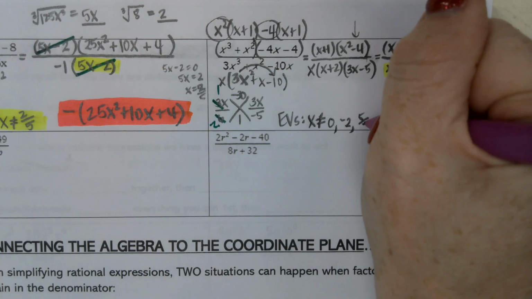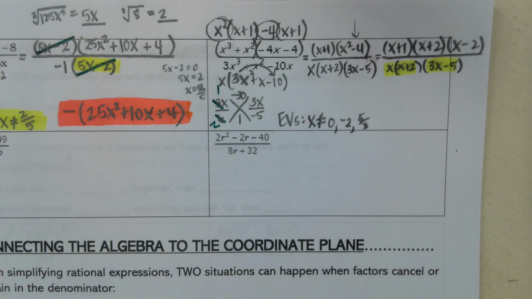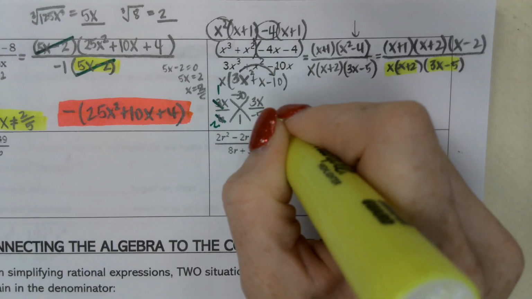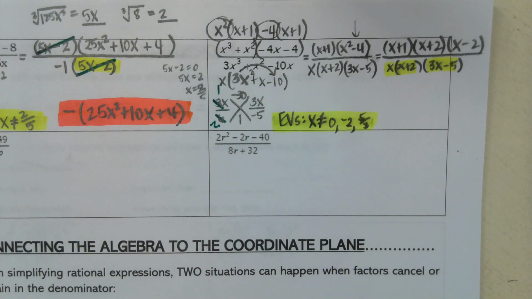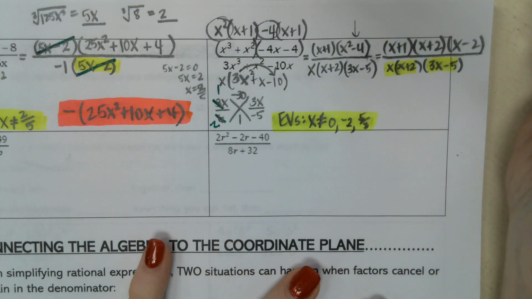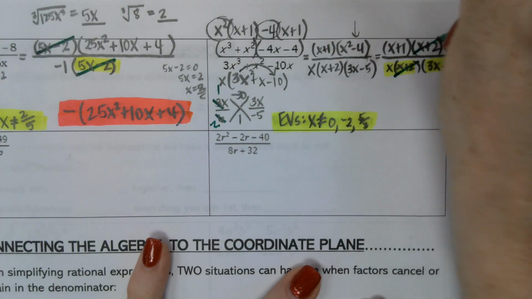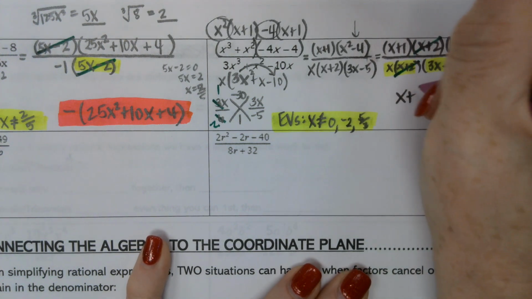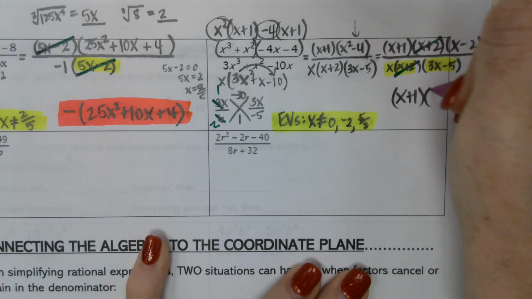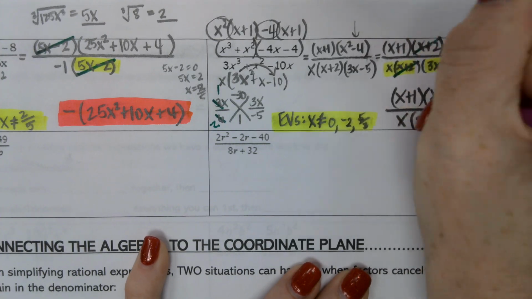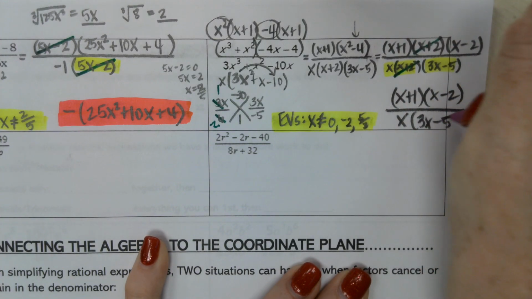Positive 5/3, because you would add 5, then divide by 3. Now, what do I have that's alike on the top and the bottom? The x plus 2. So I am left with x plus 1 times x minus 2 over x times 3x minus 5.